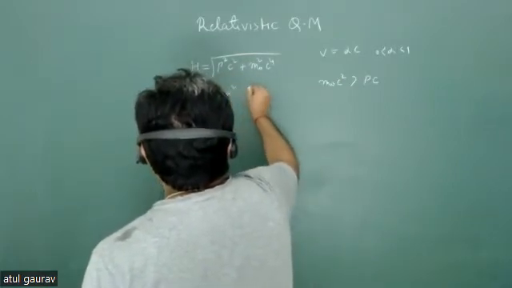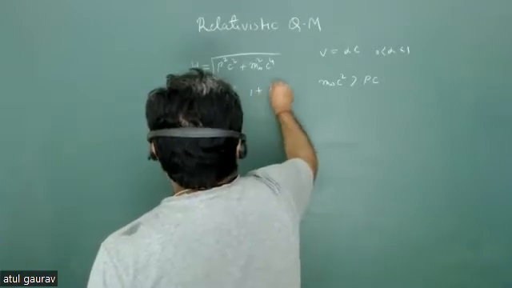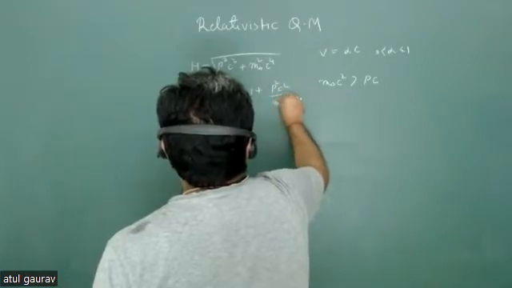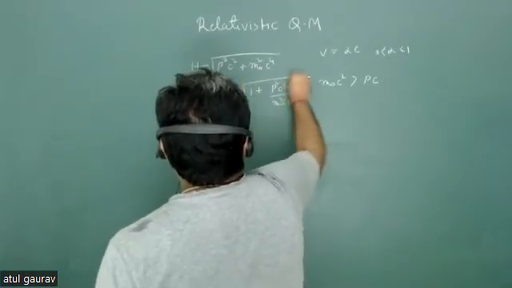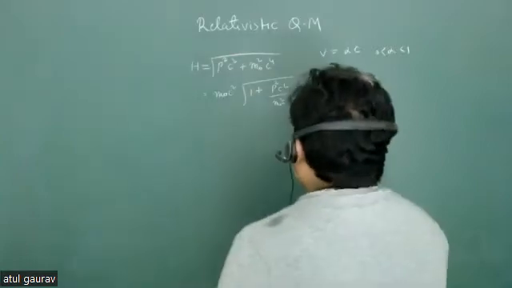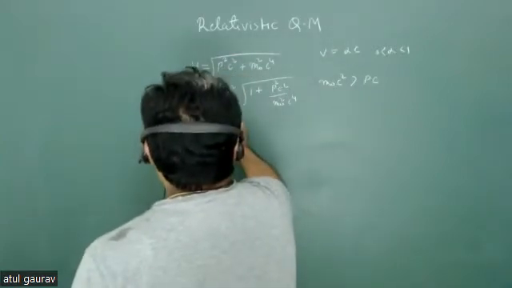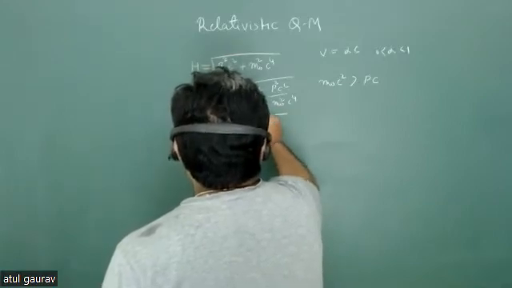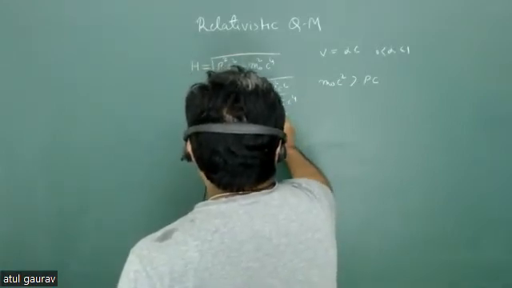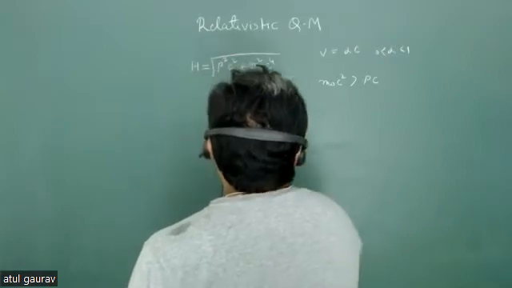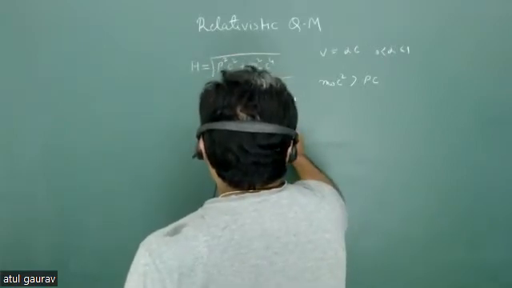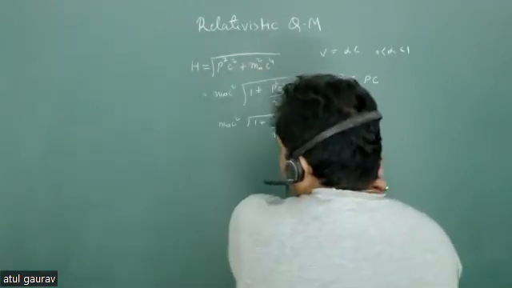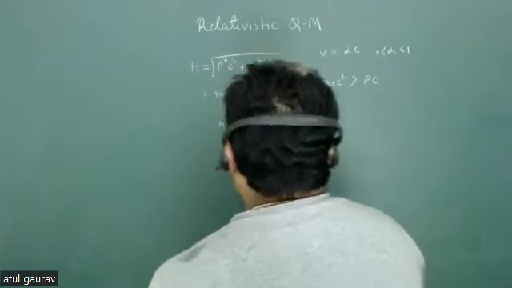That is m naught c square. So that is what? 1 plus p square c square upon m naught square c4, isn't it? And now this value is equal to m naught square, and here is 1 plus, and this value is p square by m naught square c square. And now you can just go for Taylor expansion. So what will you get?